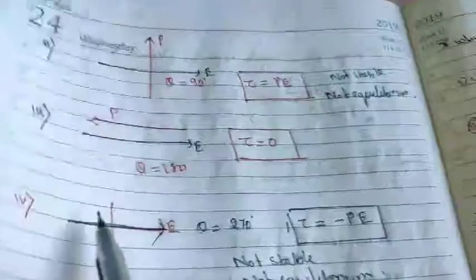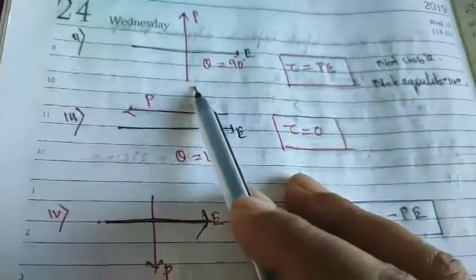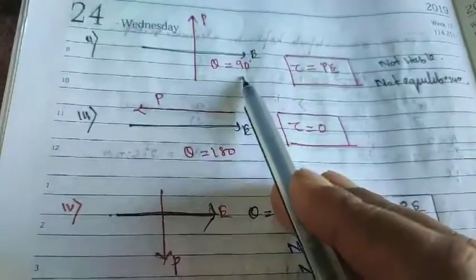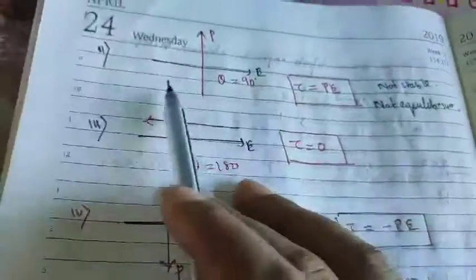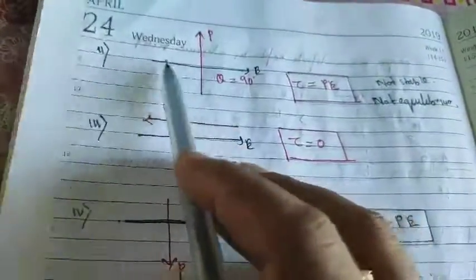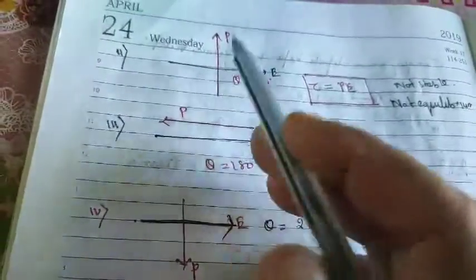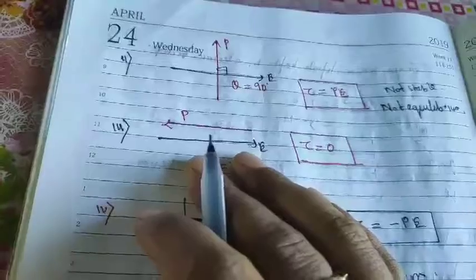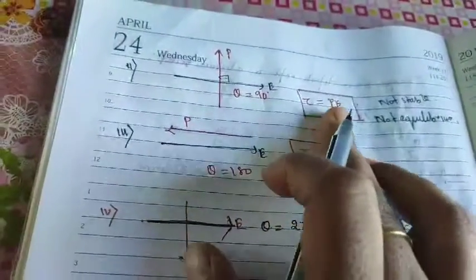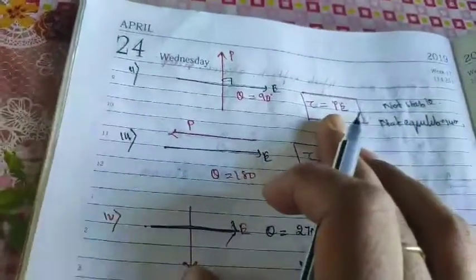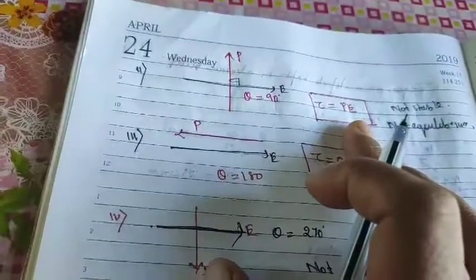Now the second thing you have to remember, that is case 2. You see what I have taken, theta is 90, means the dipole and the electric field are perpendicular to each other. So once you put the value sine 90, everyone knows sine 90 is how much? 1.